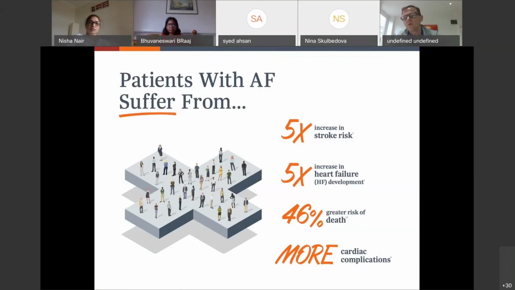Now, a lot of people, when I present this data, don't believe that. They struggle with that idea, as AF is often seen as a benign condition, as has been mentioned earlier. And really, it's the valve that we all need to worry about, or the graft that needs doing.